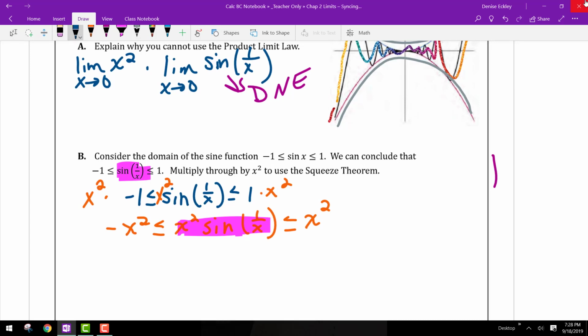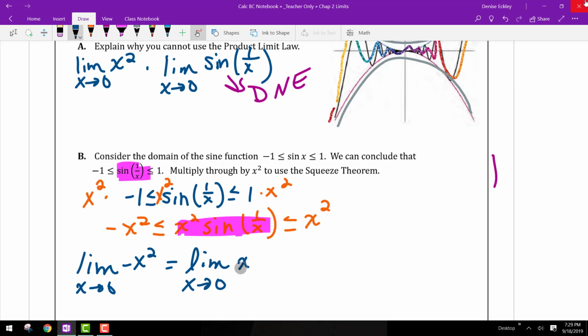We now know that the limit as x approaches 0 of negative x squared equals the limit as x approaches 0 of x squared, and that is equal to 0.